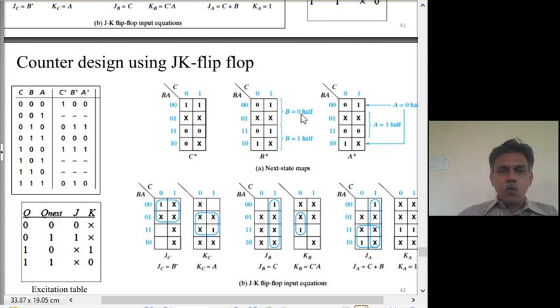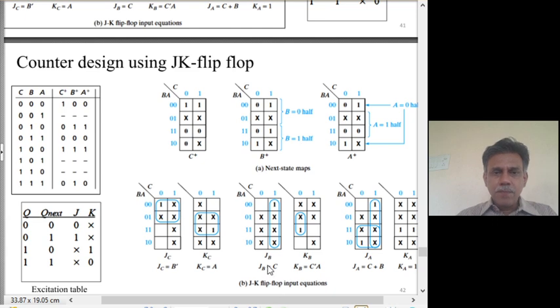if you now look at only the JB K map, you have to only concentrate on this one. The one part has to be filled with x. So, B is equal to 1 part and B is equal to 0 part has to be first identified. The first two rows are B is equal to 0 and the second rows are B is equal to 1.